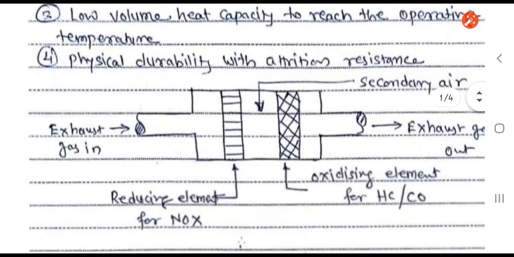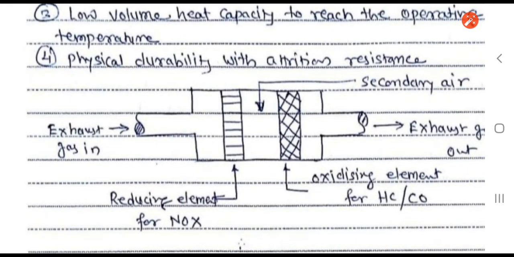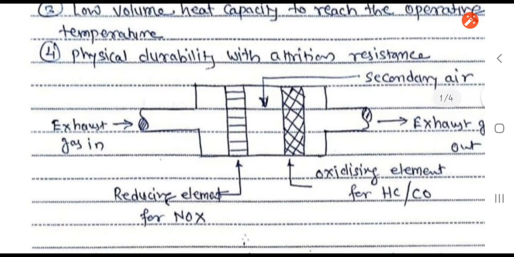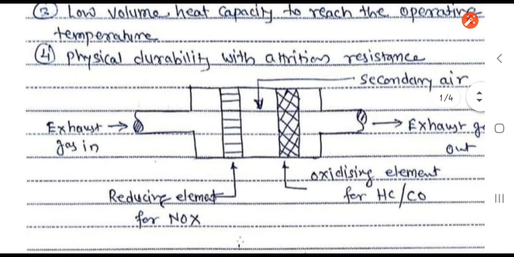The exhaust gases come inside this catalytic converter from the left side, then enter this reducing element for NOx. With the help of this filter, the amount of NOx present in the exhaust gases is reduced. Then the exhaust is supplied to the secondary catalyst, where the hydrocarbons and carbon monoxide are oxidized. Then the exhaust gases are released to the atmosphere.